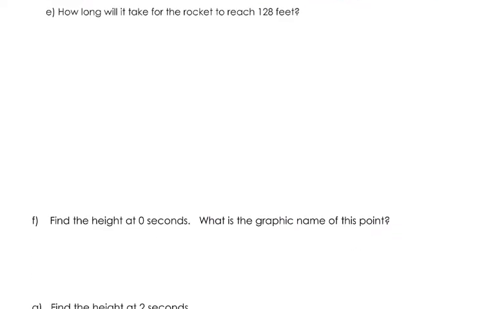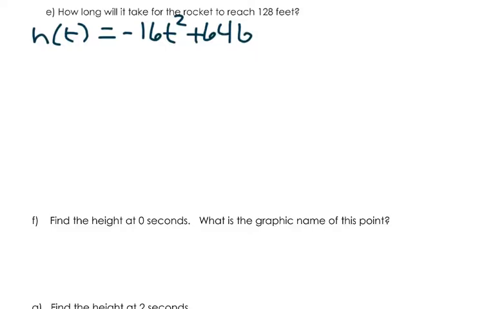Okay. And it says, how long will it take the rocket to reach 128 feet? Well, we're going to have to use the equation that was given to us, which was h of t is equal to negative 16t squared plus 64t plus 80.